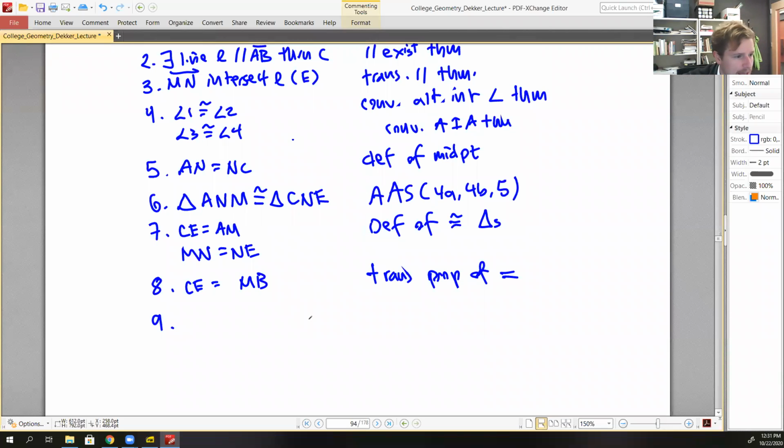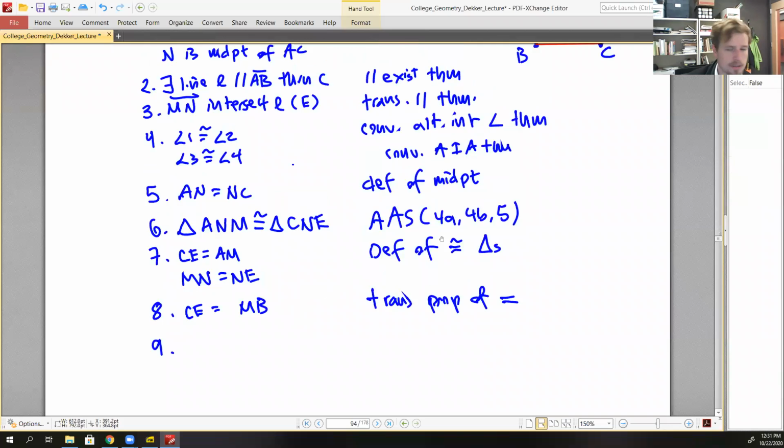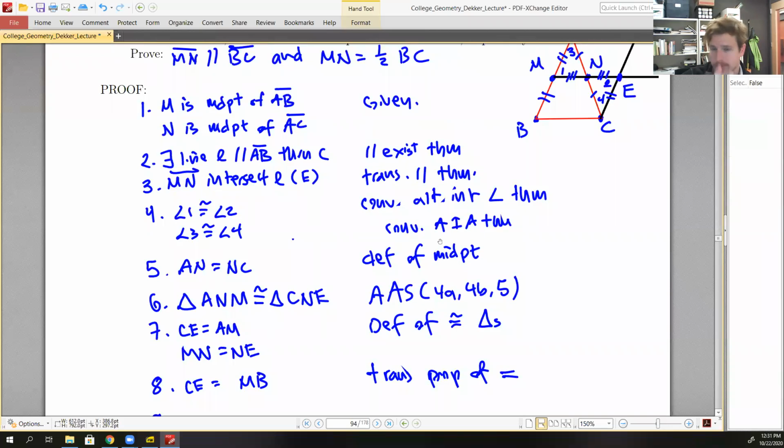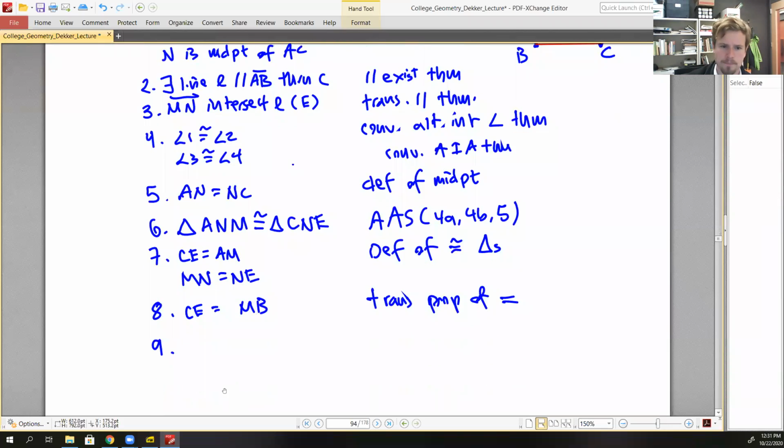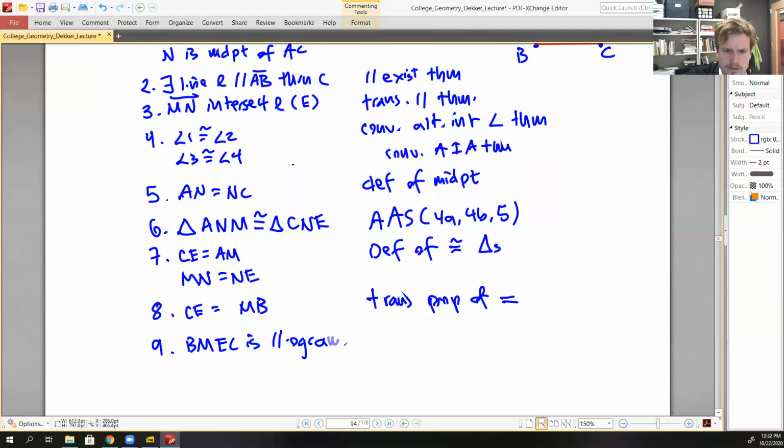So once we have that, we have a pair of parallel and congruent sides, as we say right here. So we have that BMEC is a parallelogram.